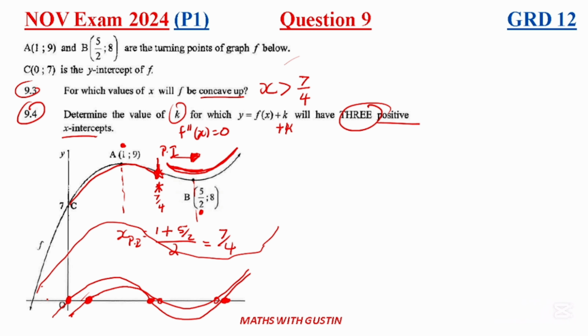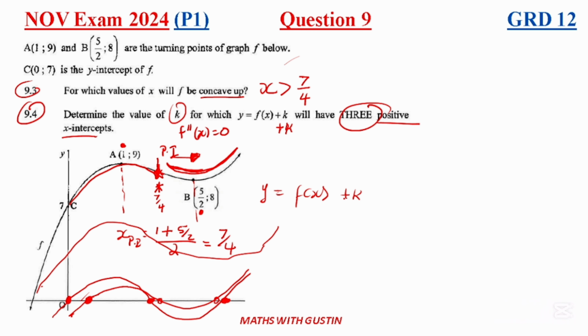So now what would you do in this case, guys, to make sure that you get this value here? Okay, so if you are here, you would move it by a certain value. We're going to say y is equal to f of x plus k.